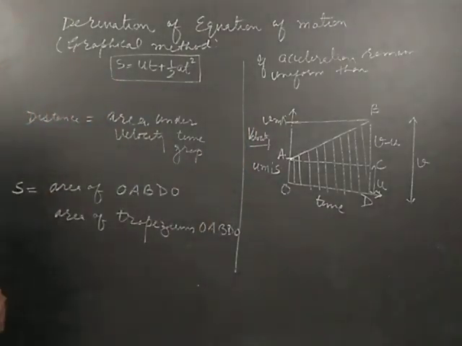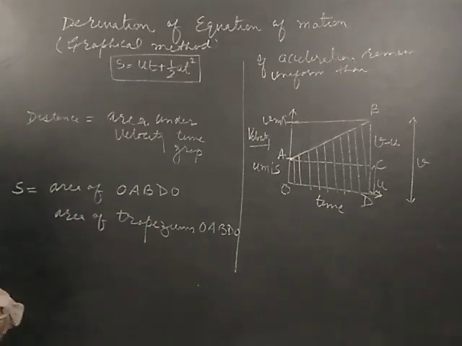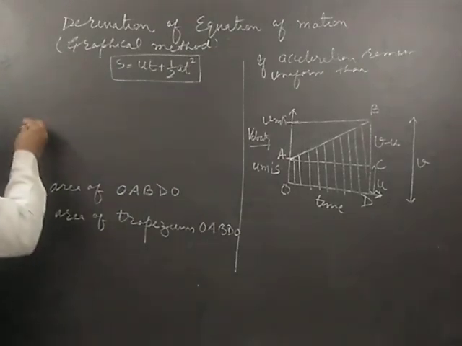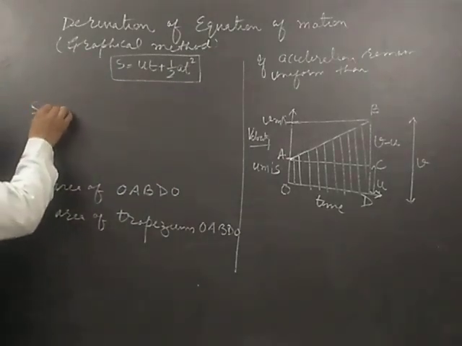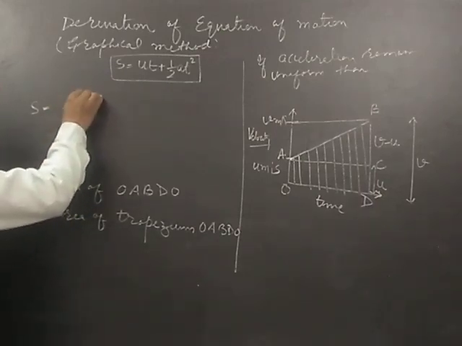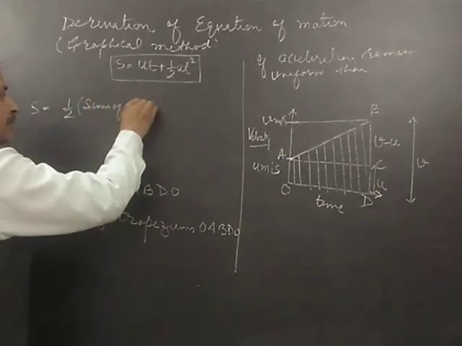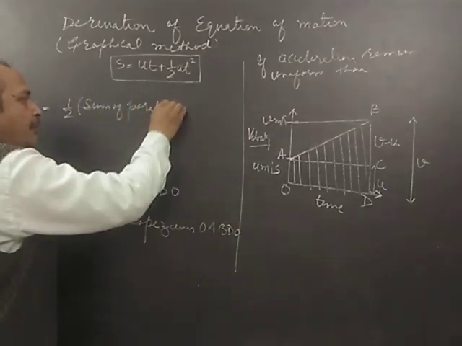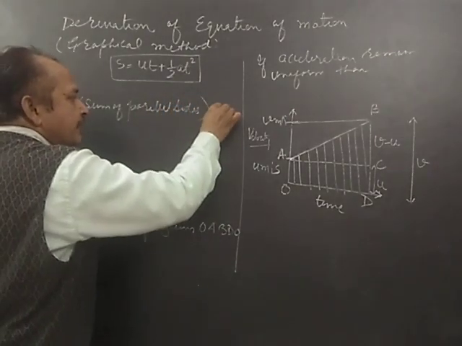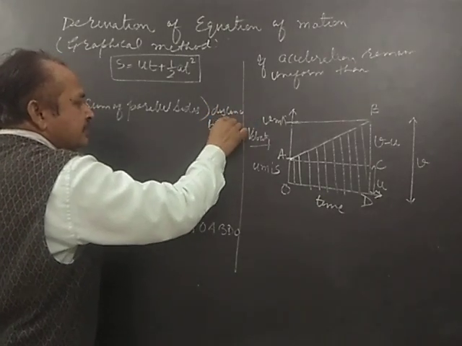And mathematicians, you know what is the area of a trapezium. Area of the trapezium is half multiplied by the sum of parallel sides into the distance between them.